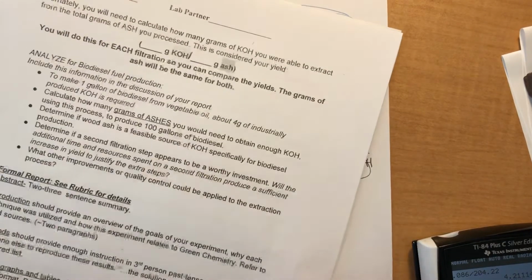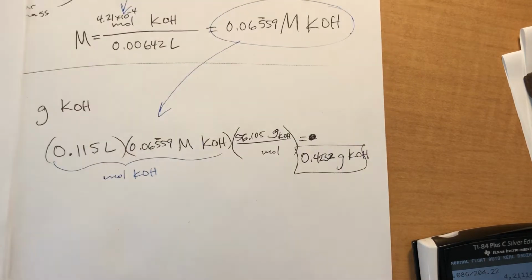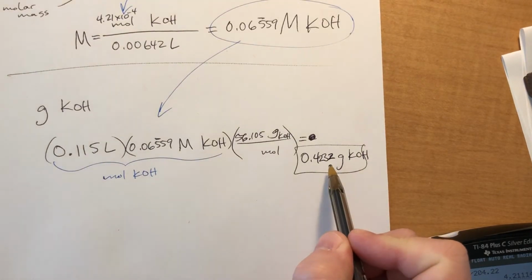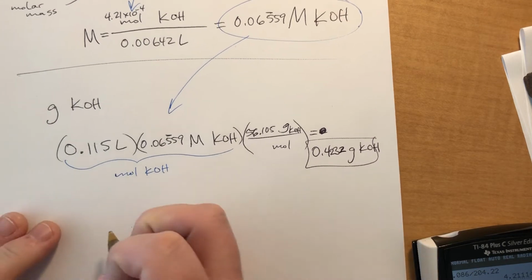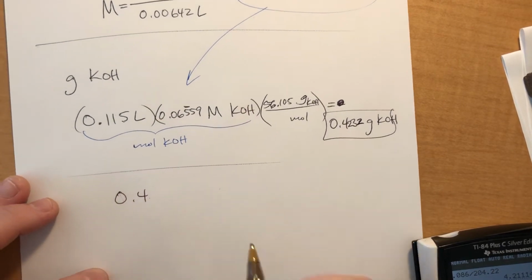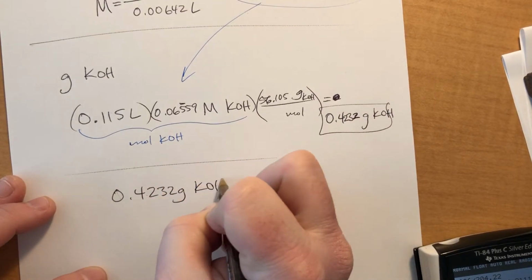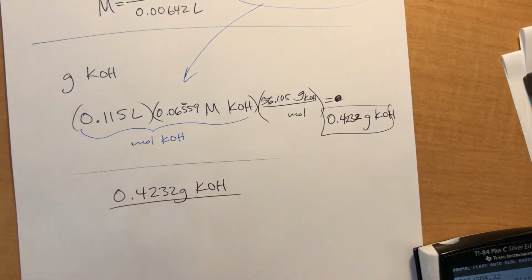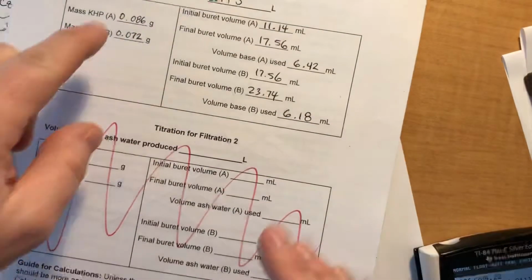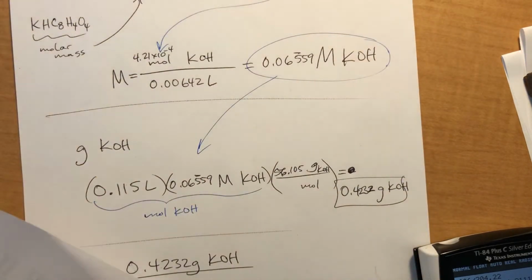It wants to know how many grams of KOH there were per gram of ash. So that's how many grams of KOH I had total. To get the ratio, we need to take the 0.4232 grams of KOH that I just calculated, divided by how many grams of ash I used total, which my fictional number was 53.72. I don't know what your number was.